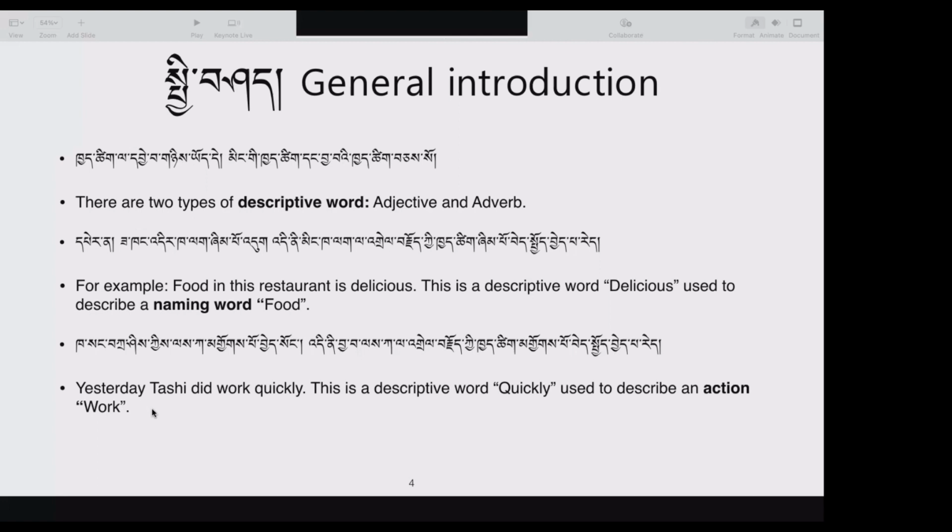So therefore, in any statement where you have mingi ketsik or adjective, the statement should have mingsi, name, and naming word, and mingi ketsik, adjective. Whereas in any statement that has chawe ketsik, adverb, it should have chawa, action, and chawe ketsik, adverb.